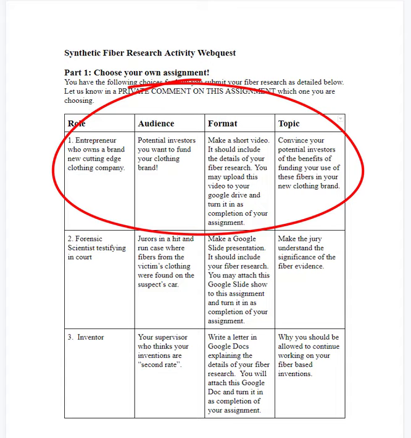So this can be you sending a message out to those potential investors, maybe presenting in a Google Meet or a Zoom meeting. You may upload this video to your Google Drive and turn it in as completion of your assignment. And the idea is you are trying to convince your potential investors of the benefits of funding your use of these particular fibers in your new clothing brand.